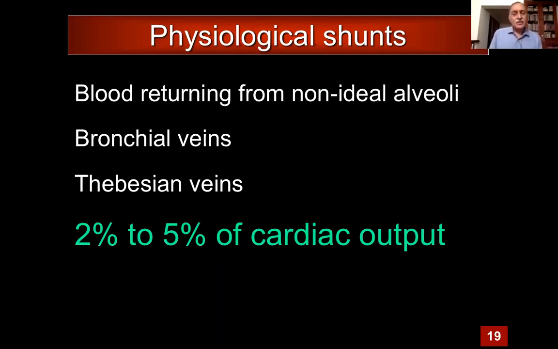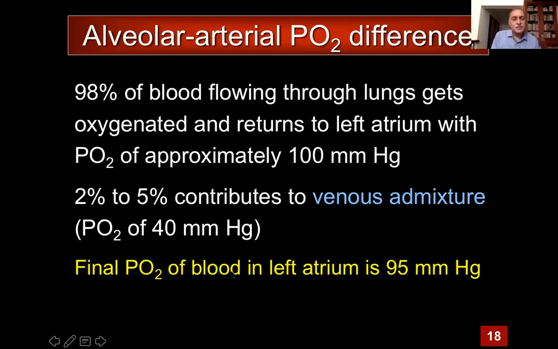Because of these three factors, a total of 2 to 5% of the cardiac output actually gets diluted with venous blood. And even though the ideal alveolar blood has an oxygen tension of 100 millimeters of mercury and a carbon dioxide tension of 40 millimeters of mercury, eventually, because of the dilution from these physiological shunts, the composition changes.